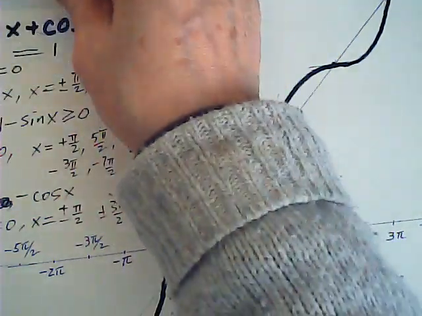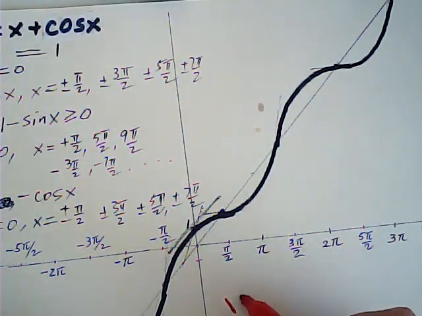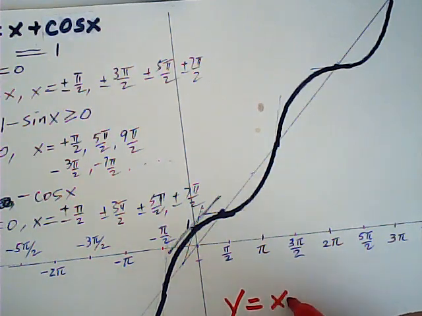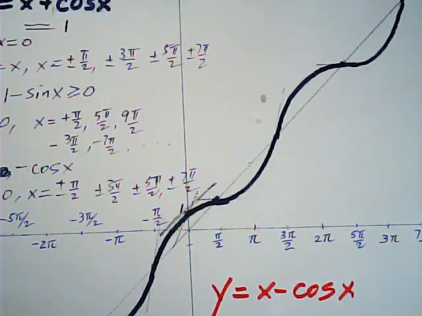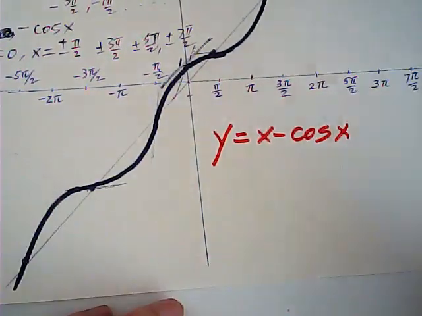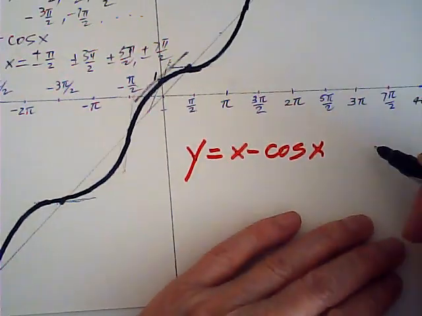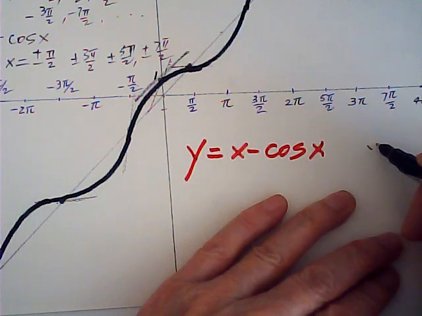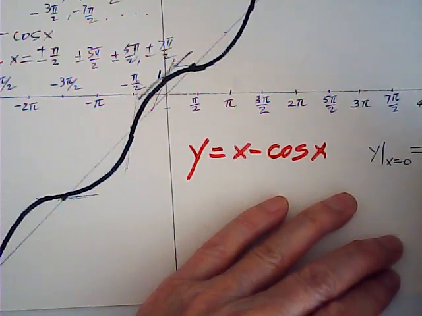Then we consider another function, which is y equal to x minus cosine x. Now, at x equal to 0, y is equal to negative 1, right?